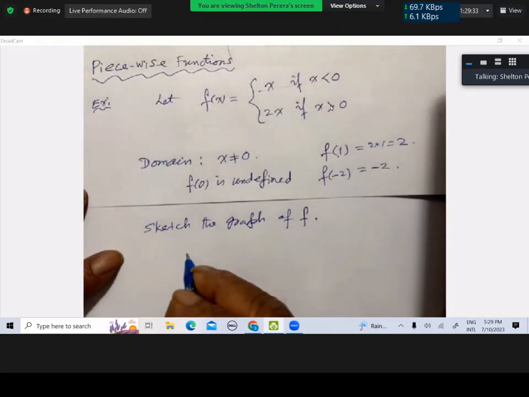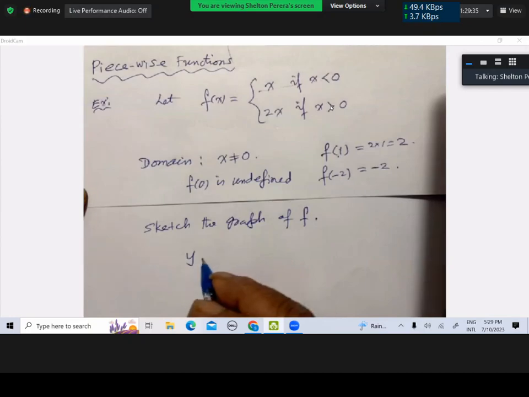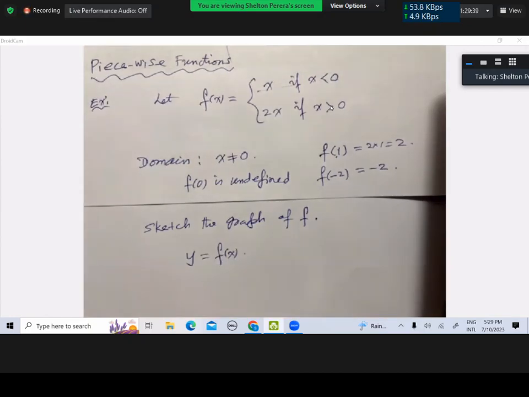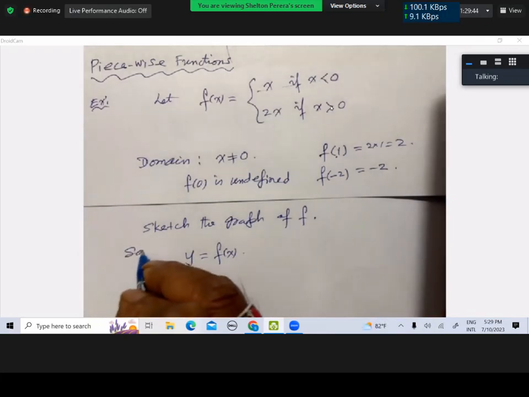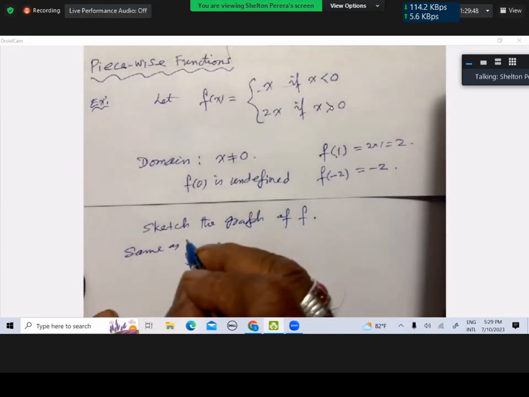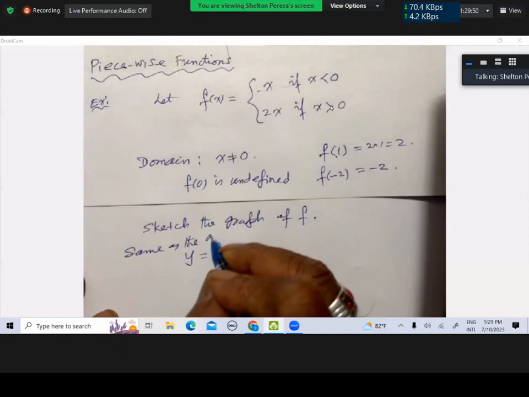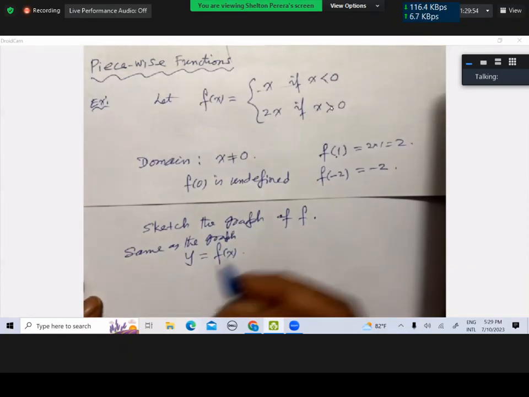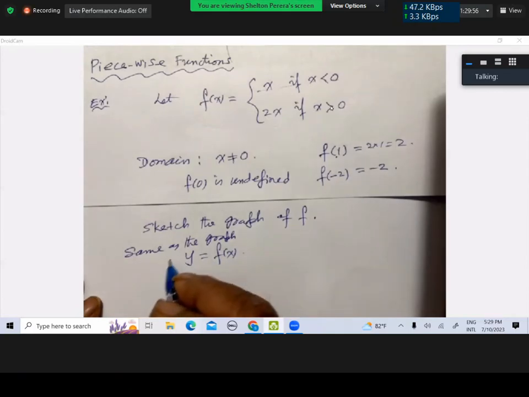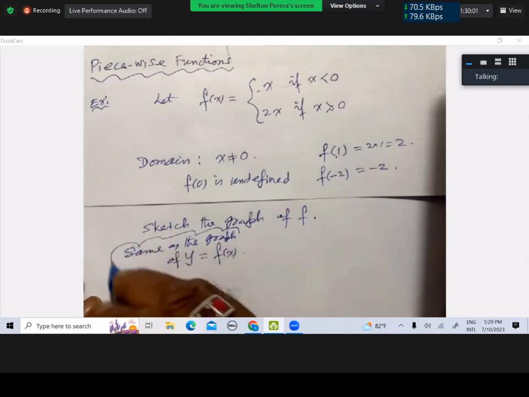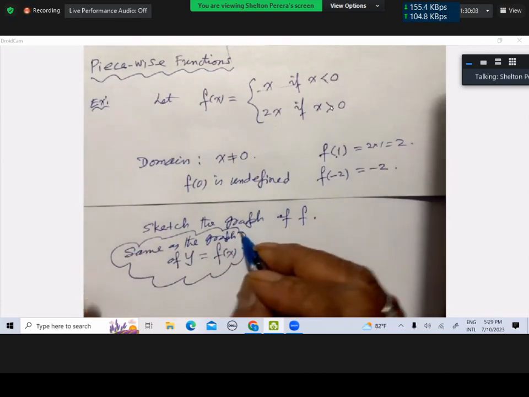The graph of f is the same as the graph of y equals f of x.